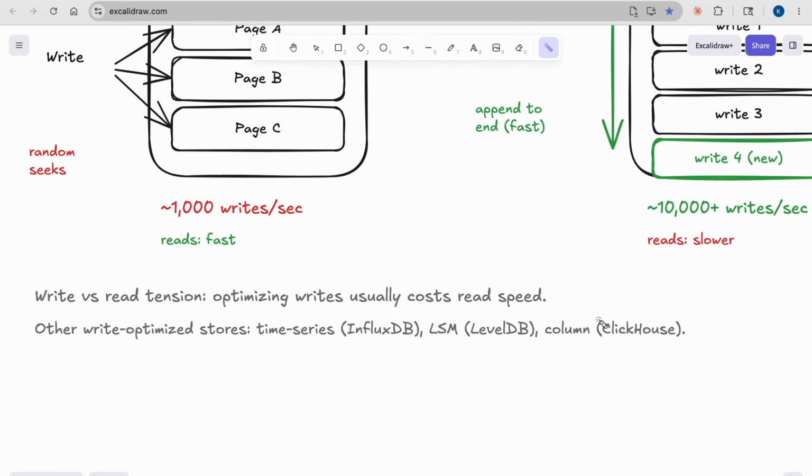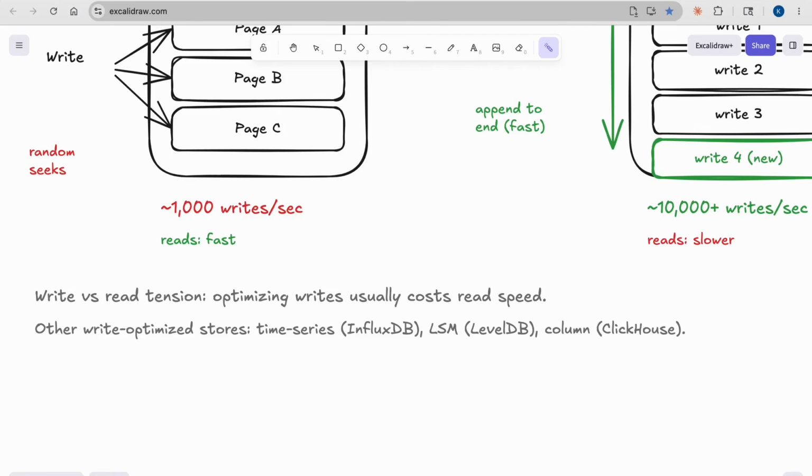Optimizing writes usually costs read speed, and that's fine. That was one example of choosing the right database: Postgres with its traditional B-tree, versus Cassandra, append-only log. Like that we have specific write-optimized stores.